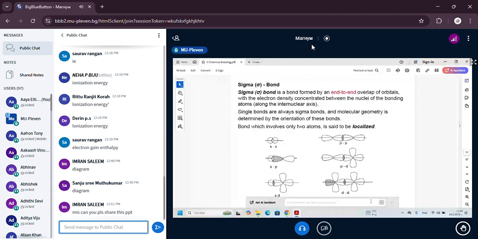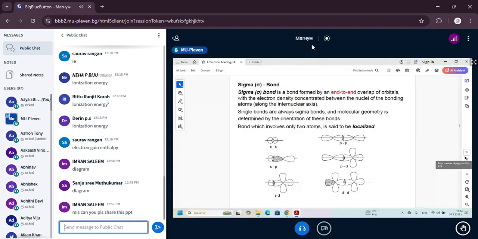Sigma bond we have when the overlapping between atomic orbitals is end to end.